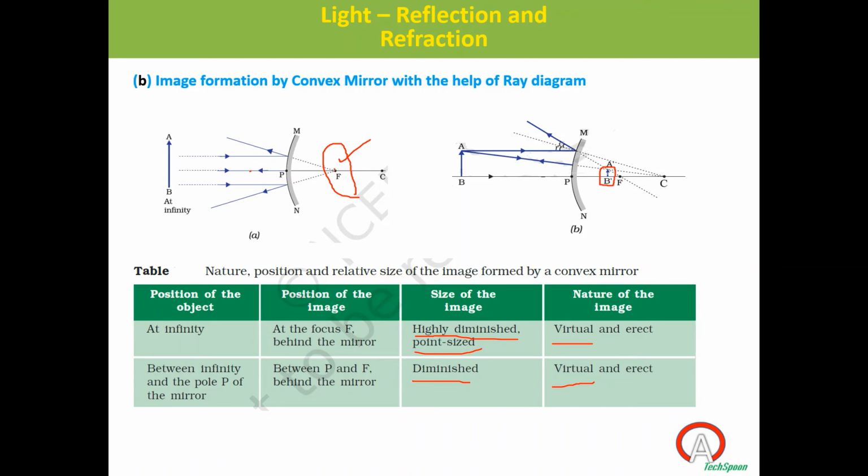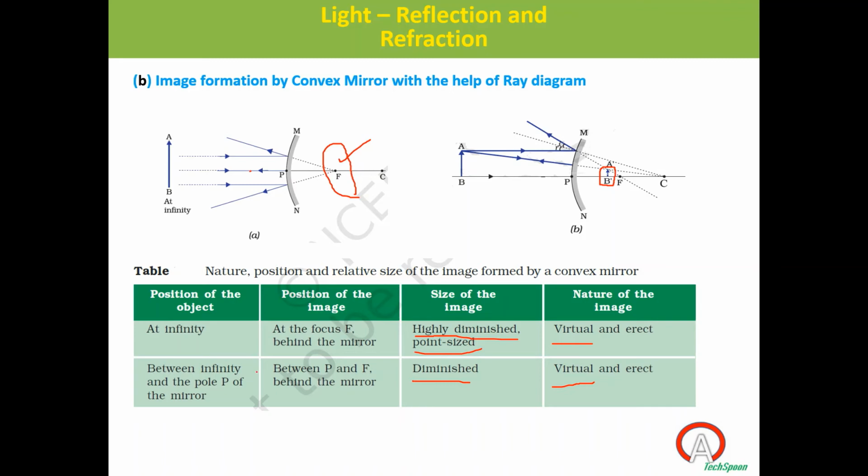In the case of a concave mirror, you are getting the image at the focus of the concave mirror itself, but there the focus is in front of the mirror. Here the focus is back side of the mirror. So is it a real image or virtual image? Here it is a virtual image, but in the case of a concave mirror, that is a real image. So this type of comparison you have to do and study.